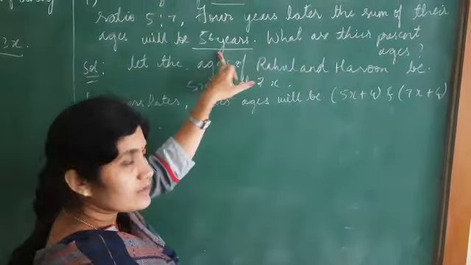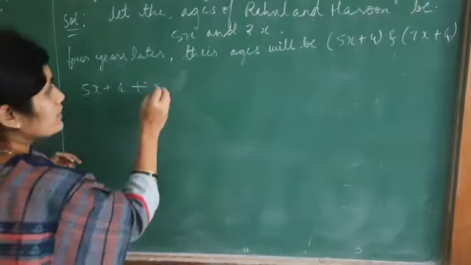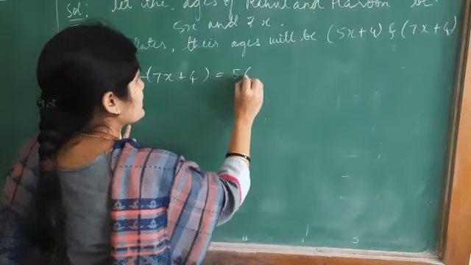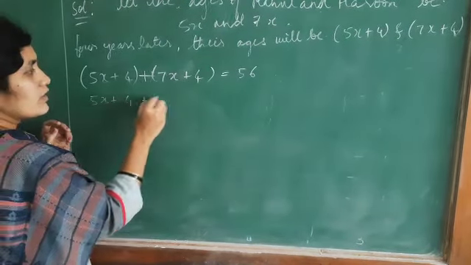Here we should consider 5x plus 4 plus 7x plus 4. You can consider this in a bracket also, or else you can write it without a bracket. It will be 56. So now open the bracket. 5x plus 4 plus 7x plus 4 gives you 56, because after 4 years the sum of their ages is 56.